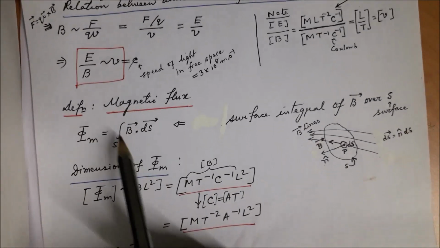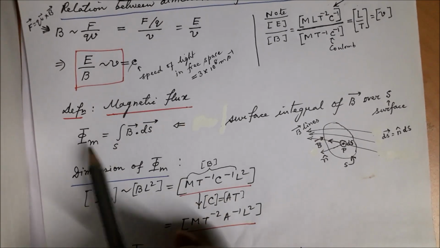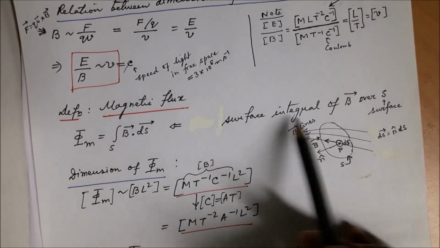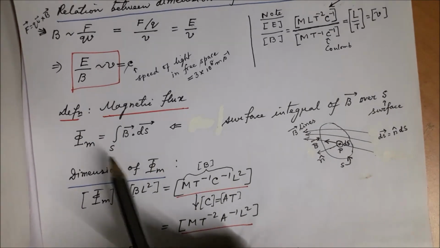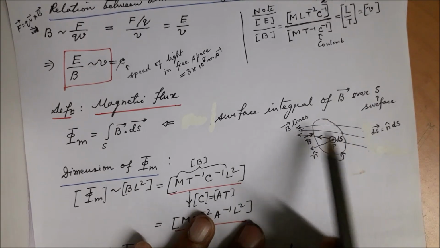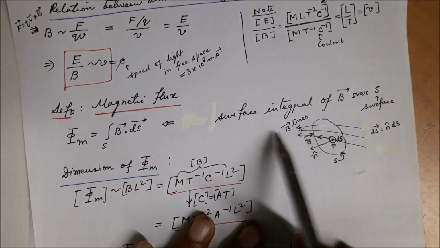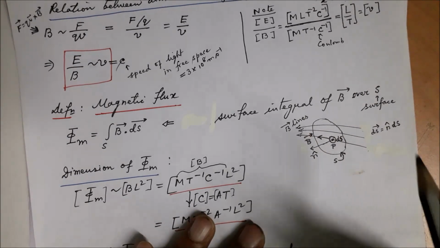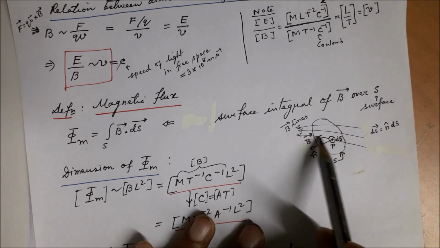We'll now define magnetic flux. Magnetic flux represents the surface integral of B over S. So if we have a surface S in a region where there are B lines, where there is a magnetic field, so this is a region where we have B lines which characterize the magnetic field, and this is the direction of B, say.